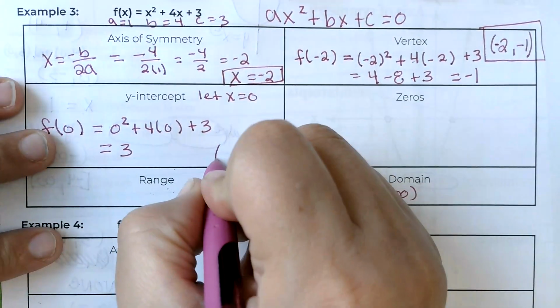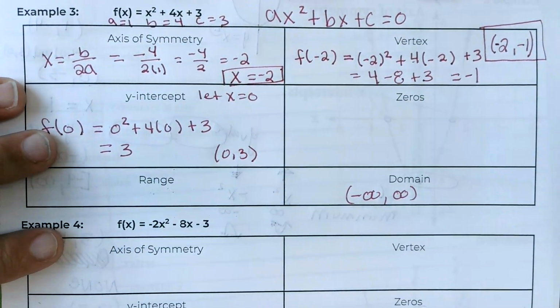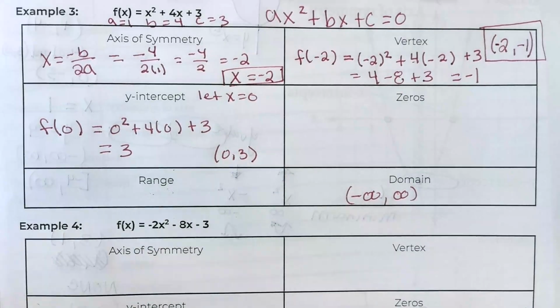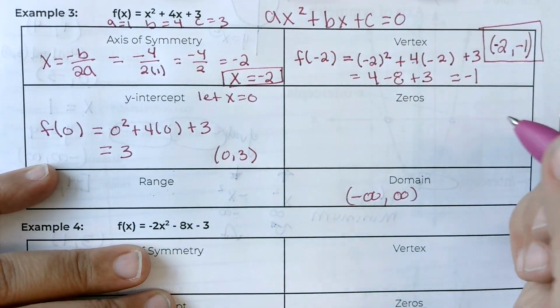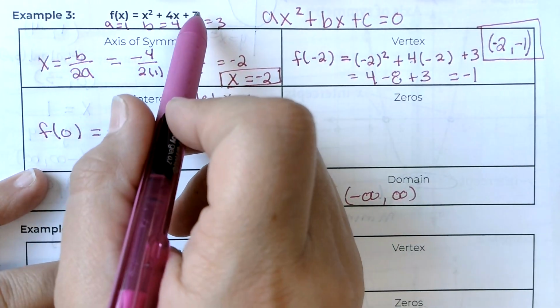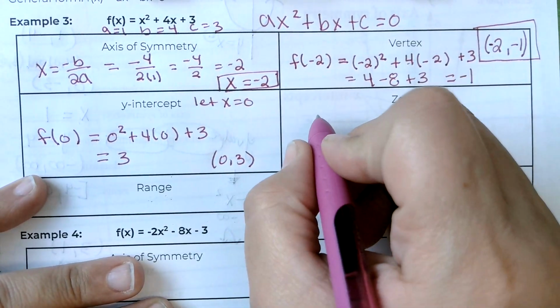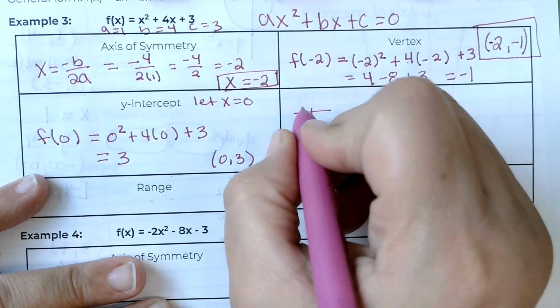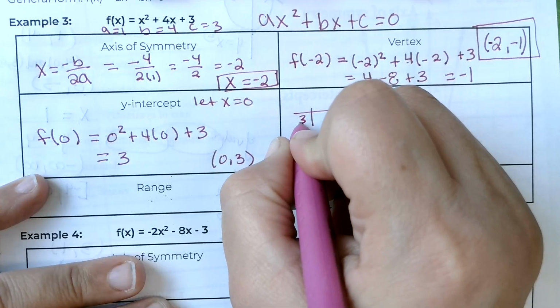To find the zeros, we will solve the quadratic equation just like we did in the last video in the first part of this homework. So you can use whatever method that you would like. I'm noticing right now that this is factorable, so I can say, what are the numbers that multiply to 3?